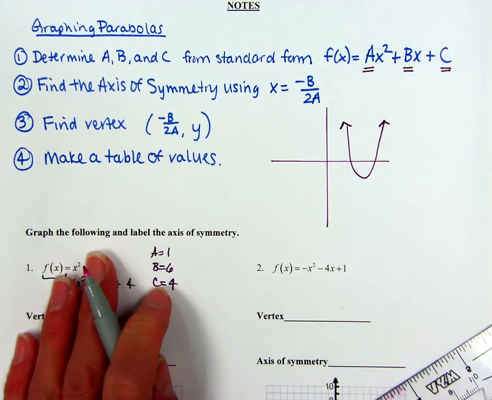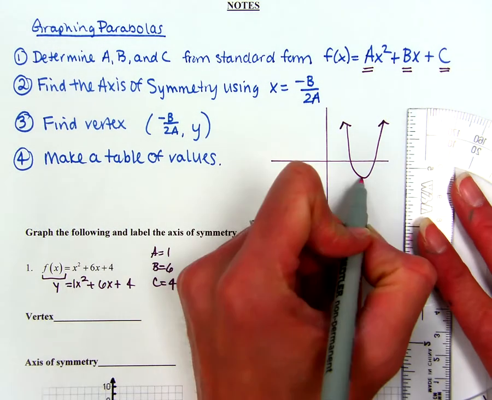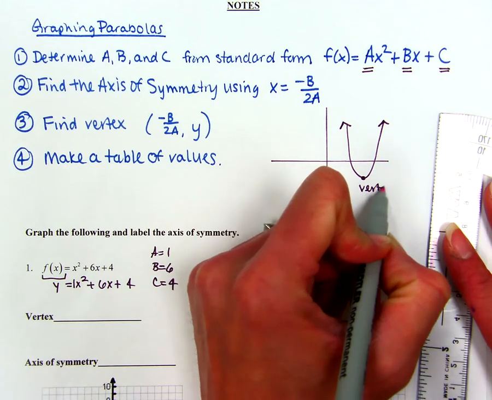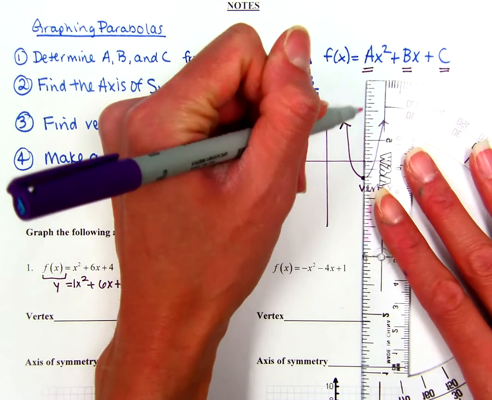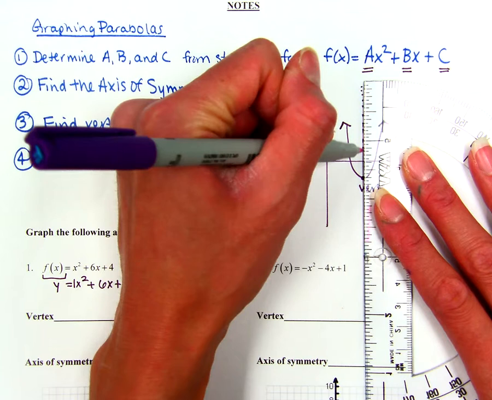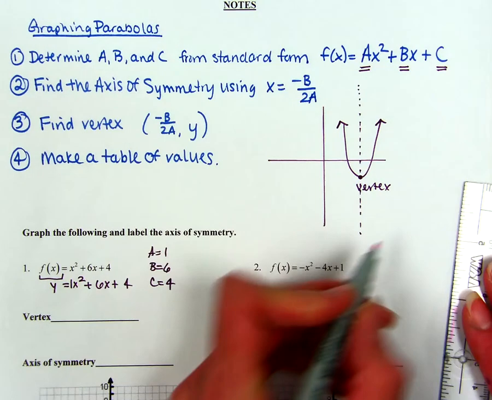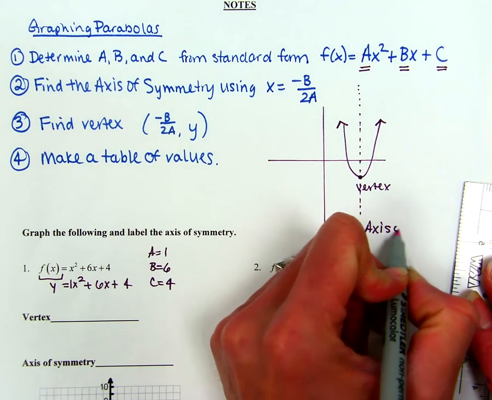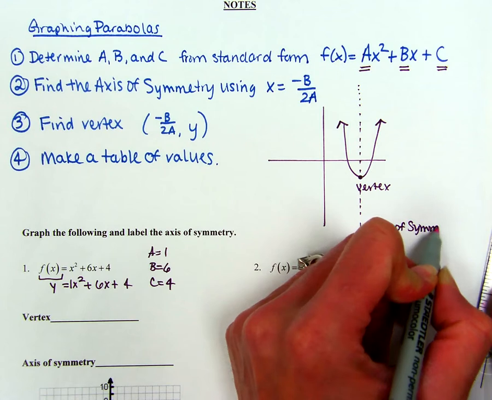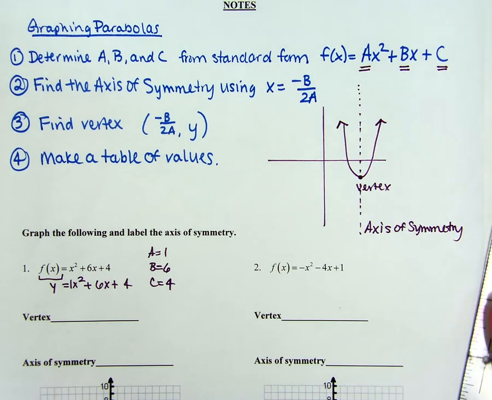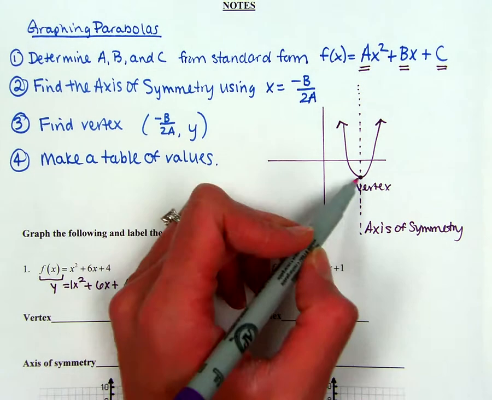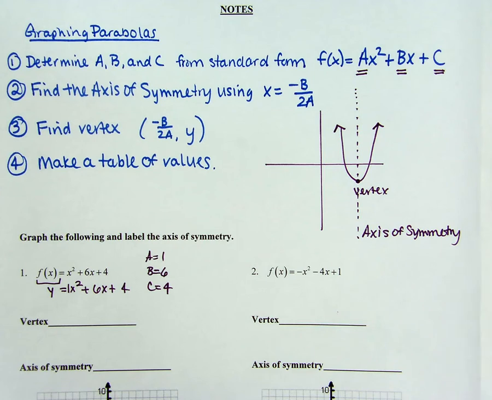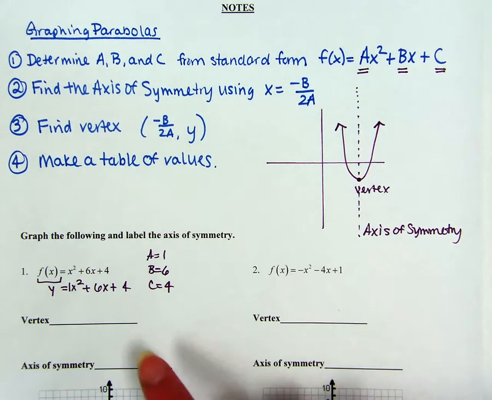A parabola is a U-shaped graph. At the very bottom of this graph will be a vertex, and in the middle of the graph will be an axis of symmetry. This is a vertical line that cuts the graph in half, and everything on the left side matches up evenly with everything on the right side. So we're going to find that axis of symmetry.